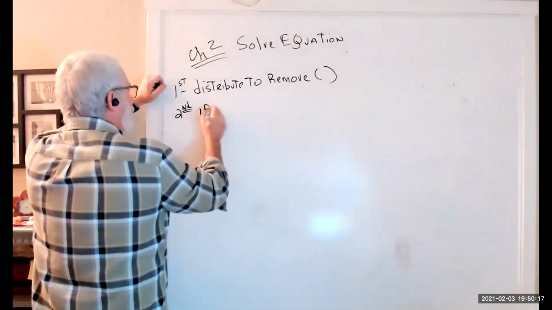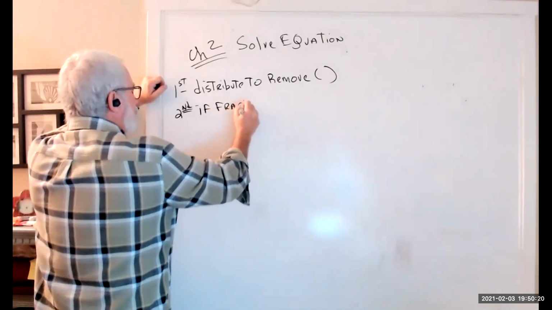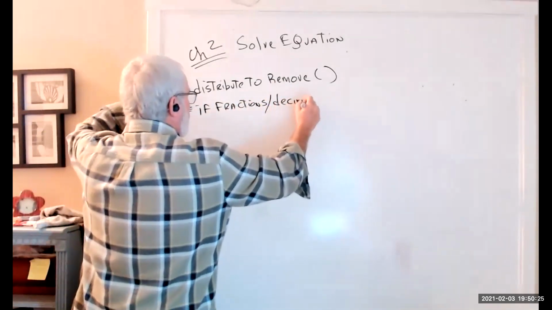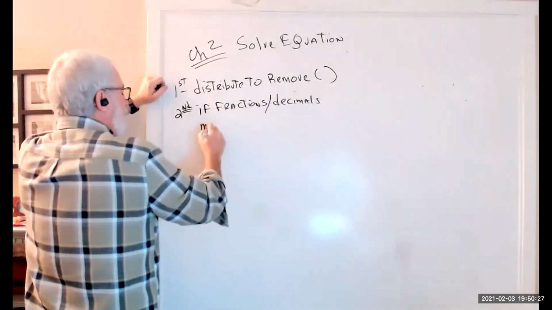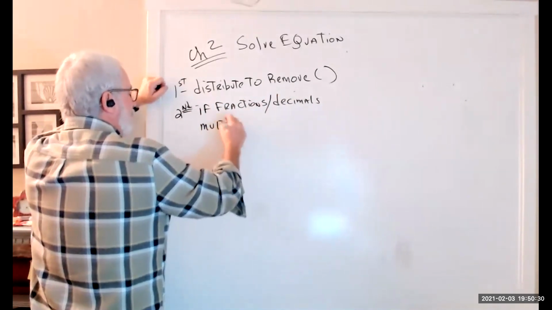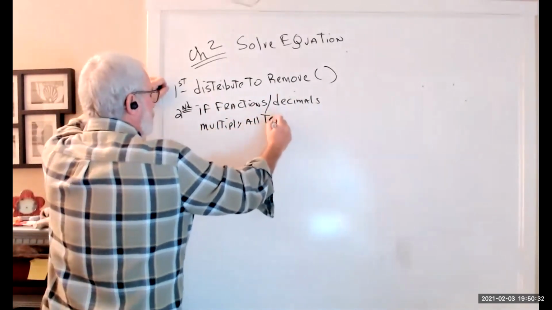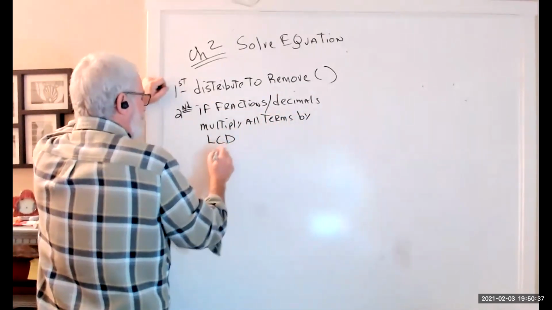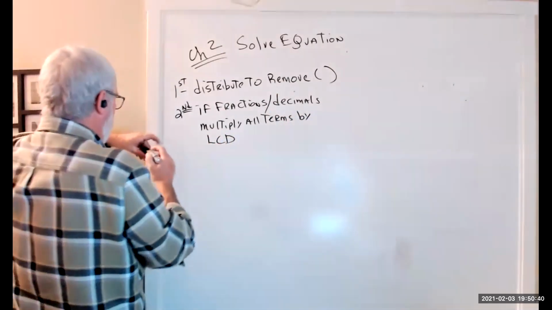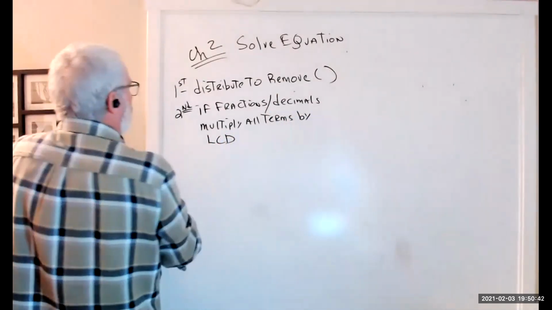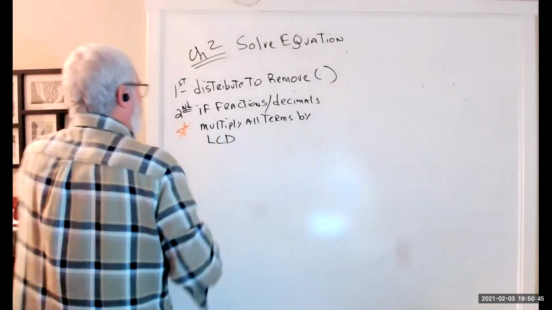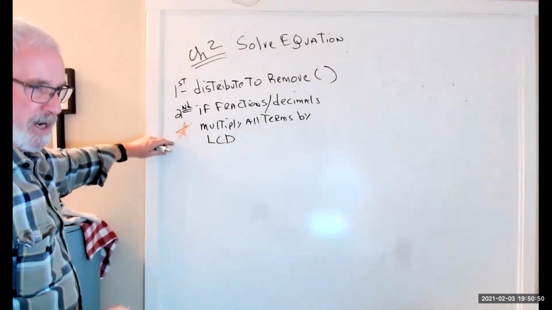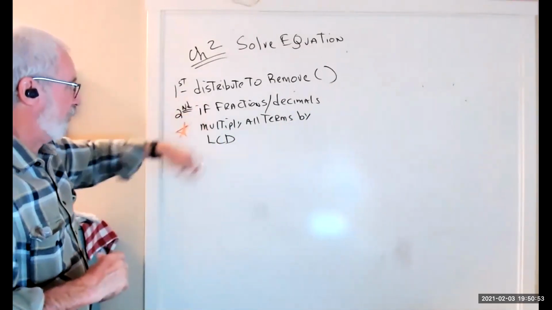If there are fractions or decimals, multiply all terms by the LCD, least common denominator. Let me put a star on that, because tonight I'm not going to show that. I'll come back and revisit this tomorrow night. Well, I'll do more examples.